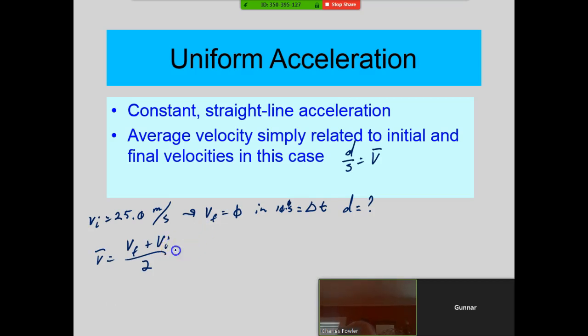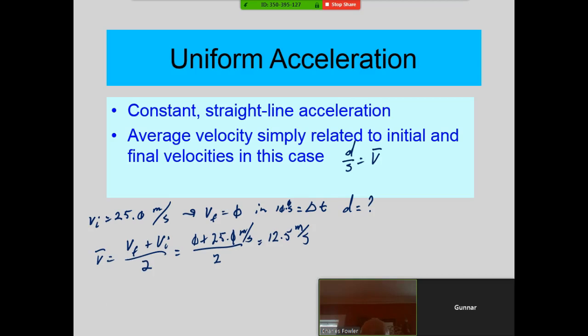That will be V final, which is 0, plus V initial, which is 25.0 meters per second, divided by 2, which is 12.5 meters per second. That's your average velocity. The 2 has no units with it. That's just a half. You're dividing by 2.